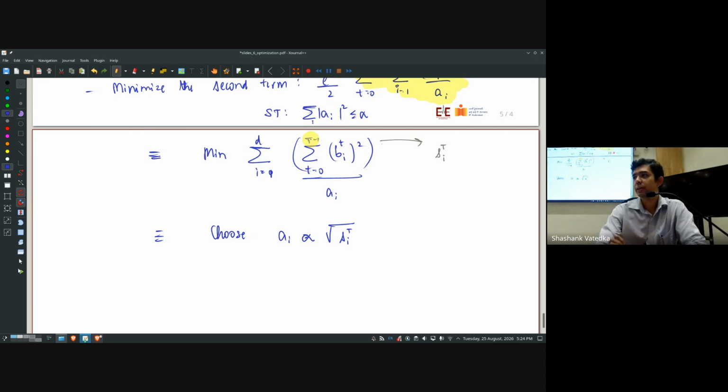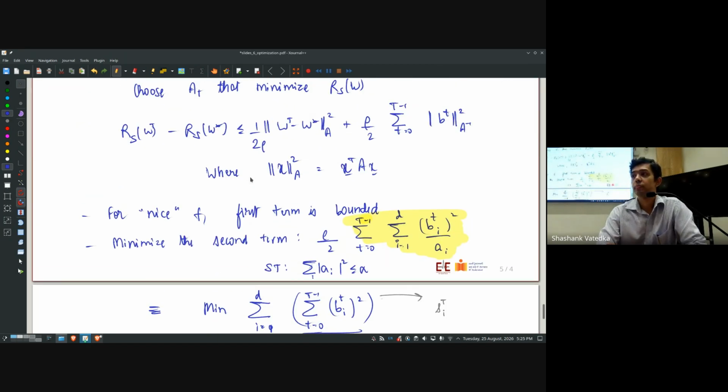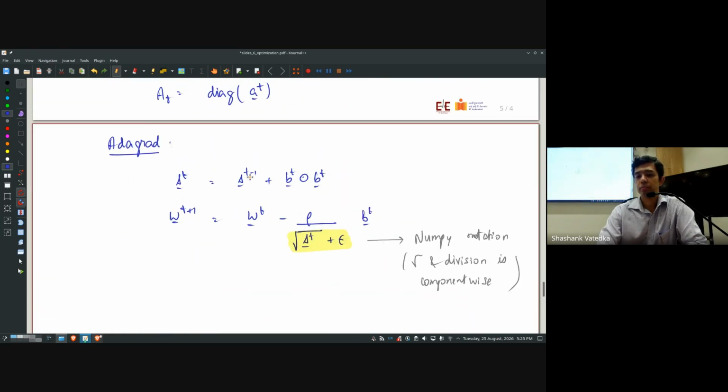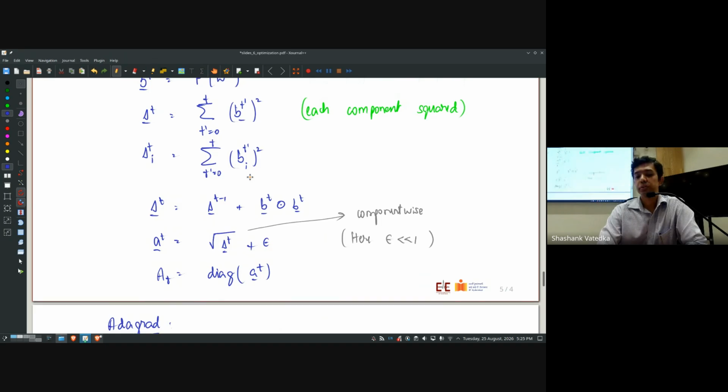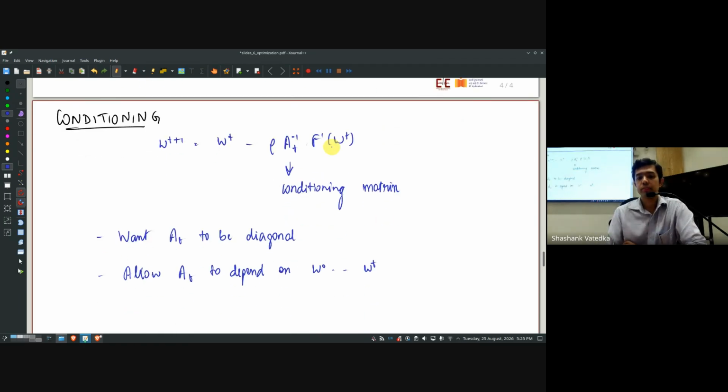Any questions? So is the question whether, let's say I have this general conditioned gradient descent or stochastic gradient descent, is the choice of A to be diagonal optimal?